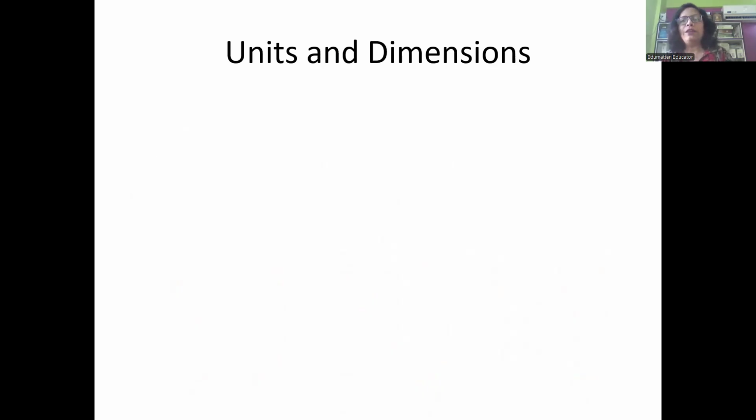Now for measurement, two more things are needed. One is some standard. We don't have any absolute measurement. We always compare with something. When we are saying 1 kilometer distance, it's about comparing the distance with a standard distance, that is a meter.